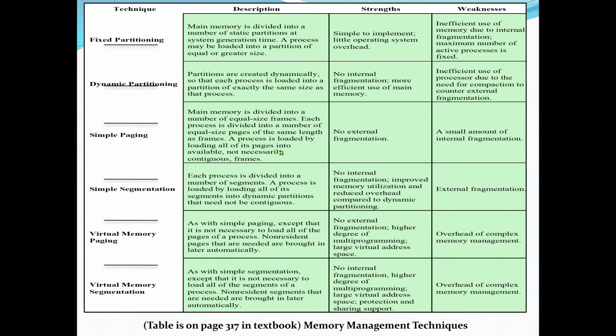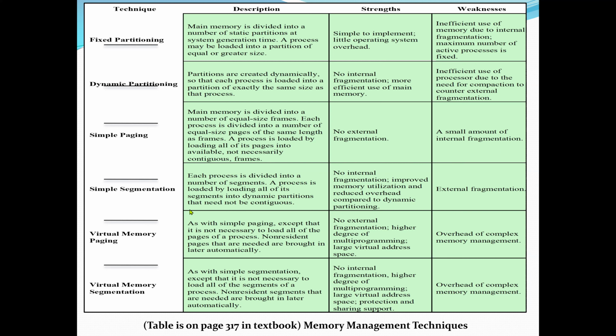So a process is loaded by loading all of its pages into available, not necessarily contiguous, frames. The advantage, again, is that there's no external fragmentation. The disadvantage is a small amount of internal fragmentation.